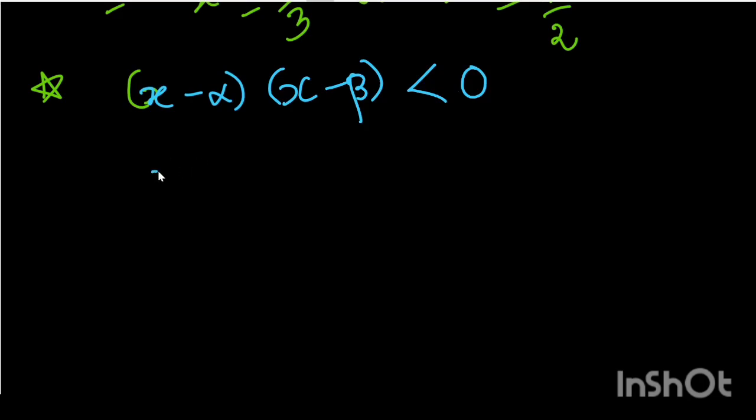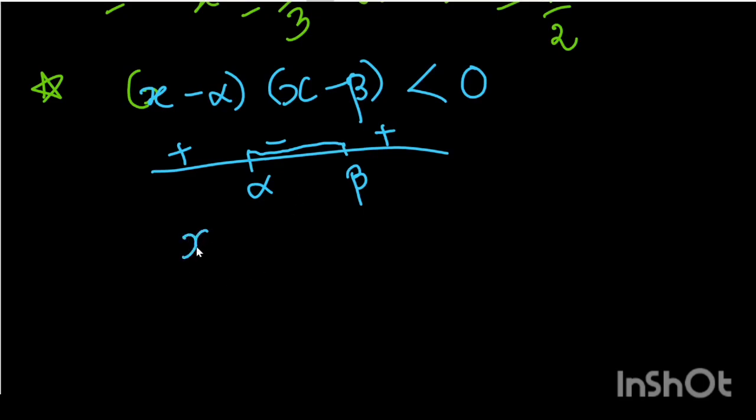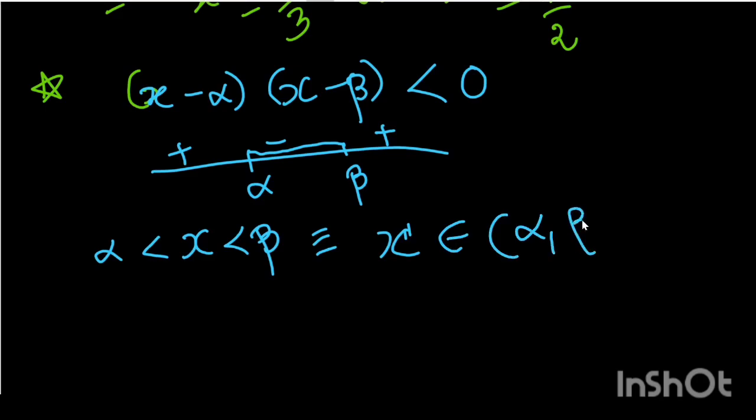Again, using this alpha, beta, plus, minus, plus, less than means negative, so our answer would be alpha to beta. So x is between alpha and beta. Equivalently, in interval form, x belongs to alpha to beta, open interval. This is another result.